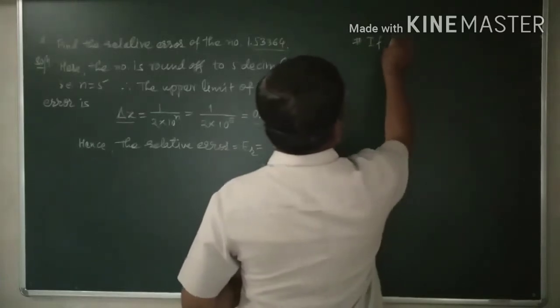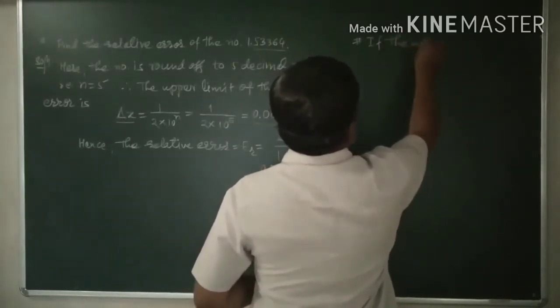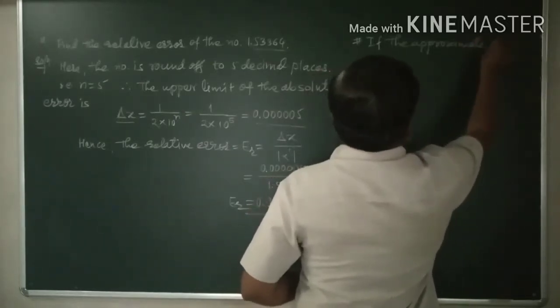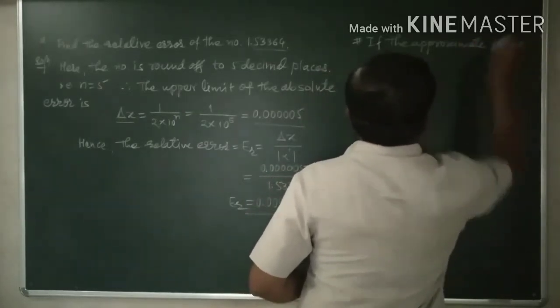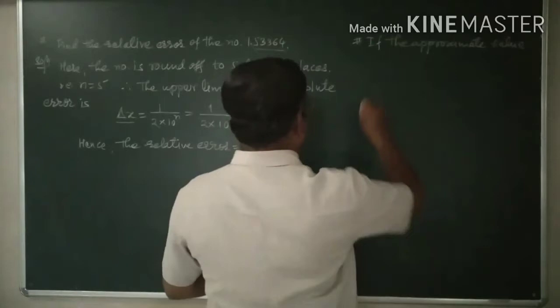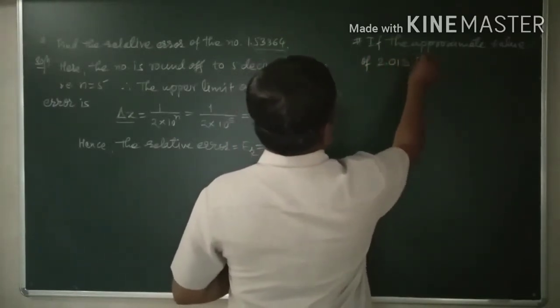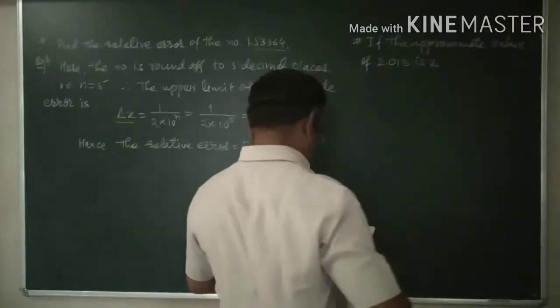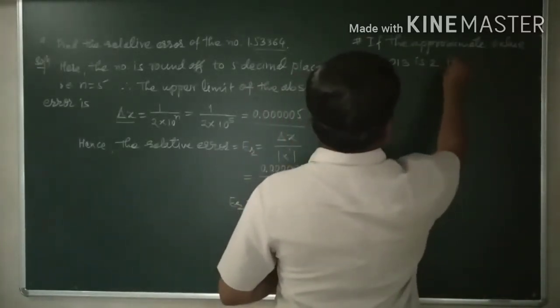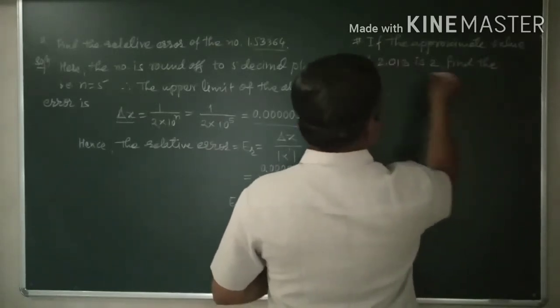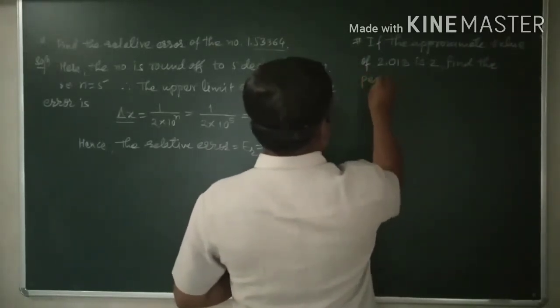Okay, now another type of example is this one. If the approximate value of 2.013 is 2, find the percentage error.